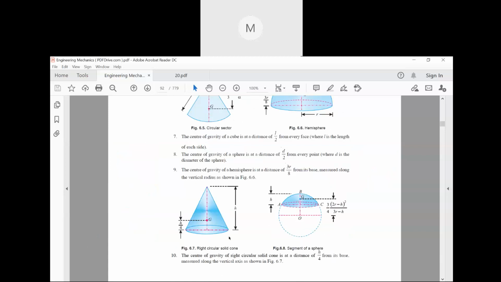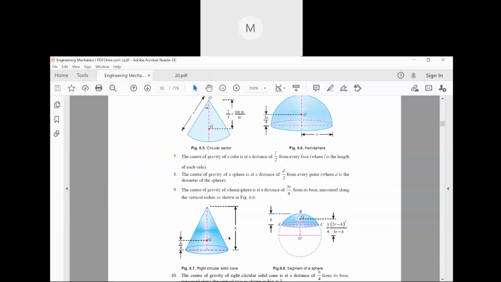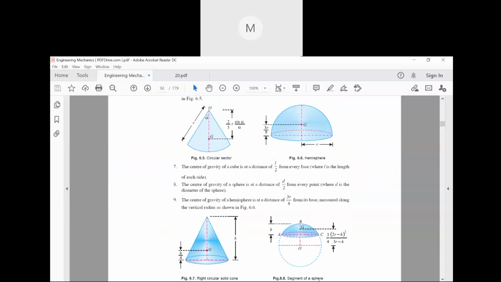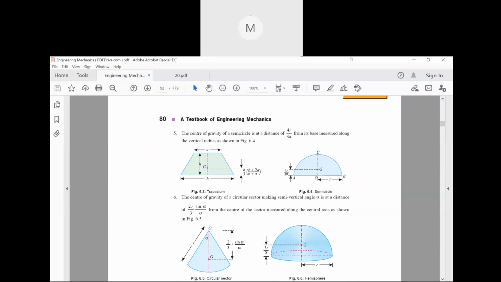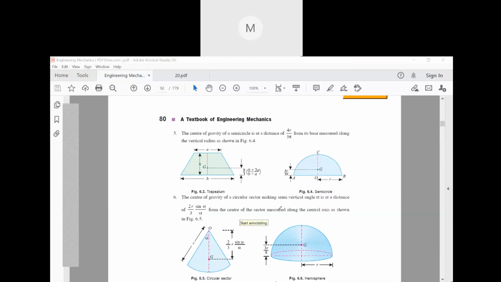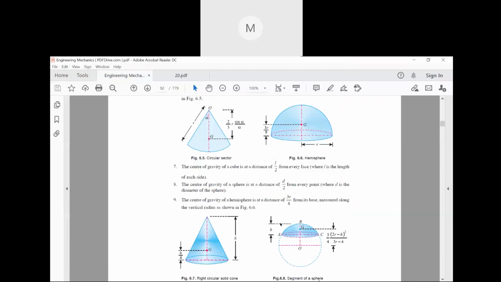Now if you see, this is a hemisphere. Don't confuse these two. Beforehand it was a semicircle. Semicircle means half circle, and hemisphere is a different thing. Hemisphere means if you cut the ball into half, then it will look like this, no? Like this.